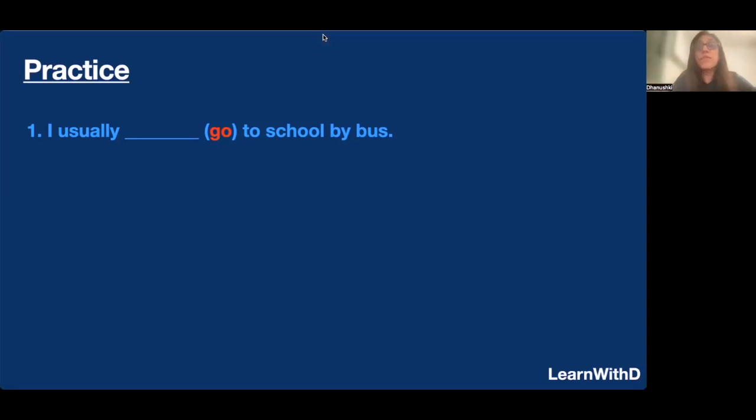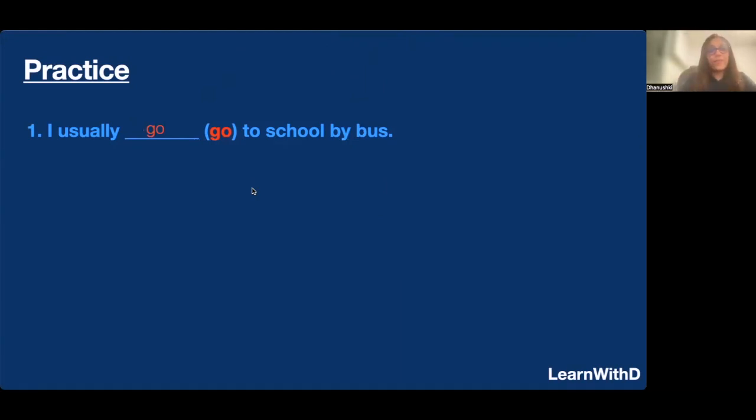I'm going to give you 5 seconds to see if you can get the right simple present verb. All right, so let's see. I usually go to school by bus. Did you get the answer?